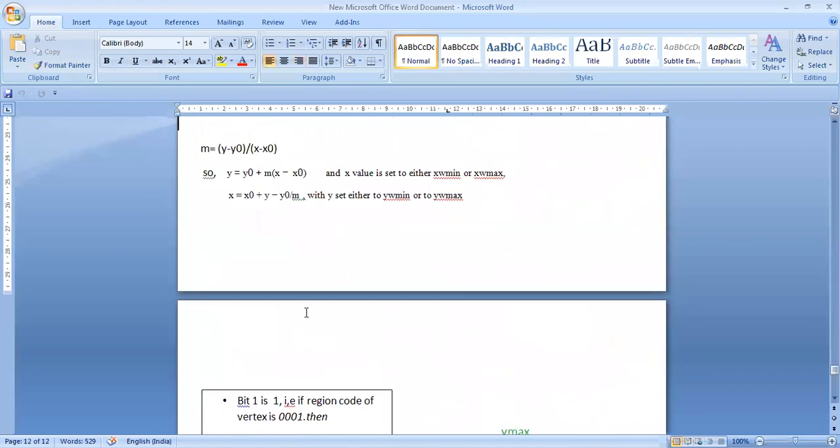M is equal to y minus y naught divided by x minus x naught. If I want y, this is the equation. If I want x, x is equal to x naught plus y minus y naught divided by m. I will calculate x if I directly get y, whether y min or y max. Y I will calculate if I directly get x min or x max.